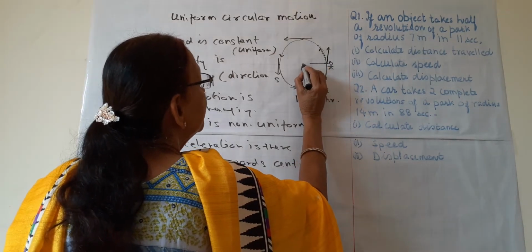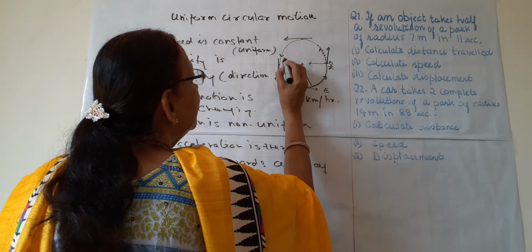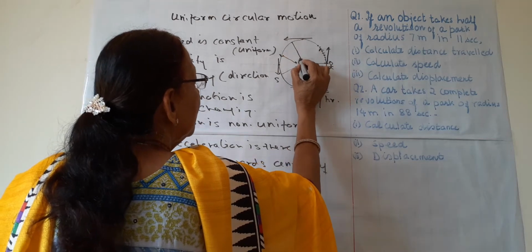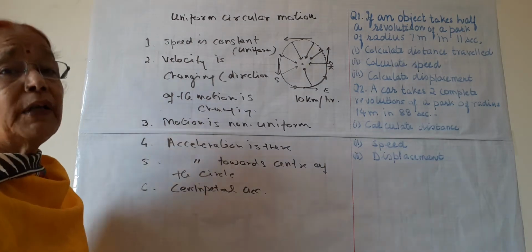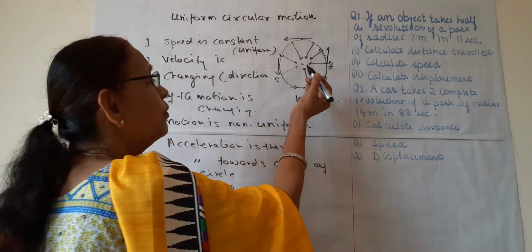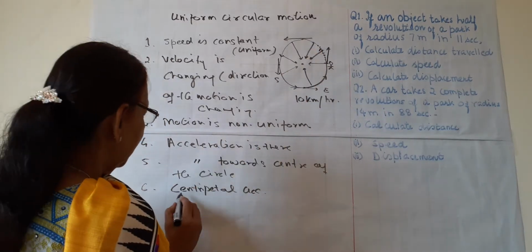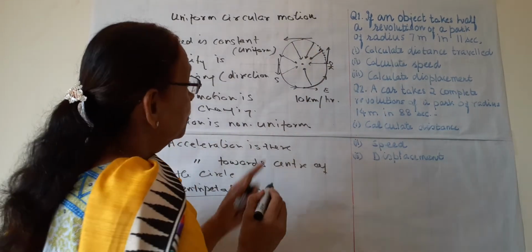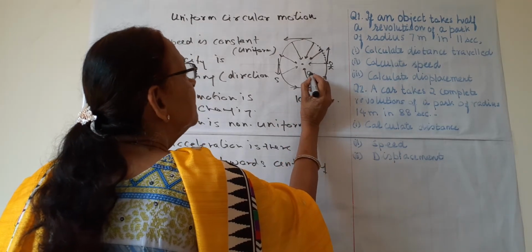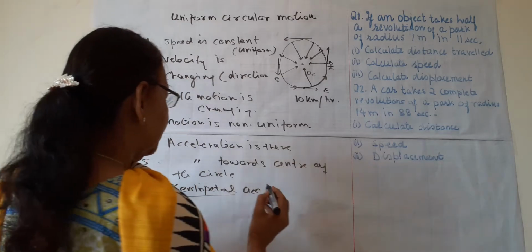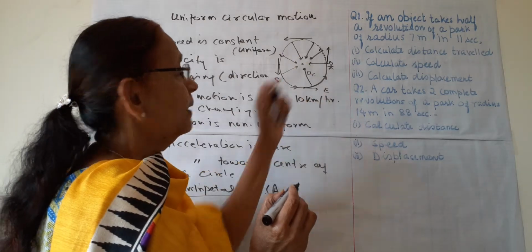That this is the center of the circle, then from all the sides the acceleration is along the radius and it is towards the center of the circle, and any force which goes from periphery to center is known as centripetal. So this acceleration is known as AC, centripetal acceleration.